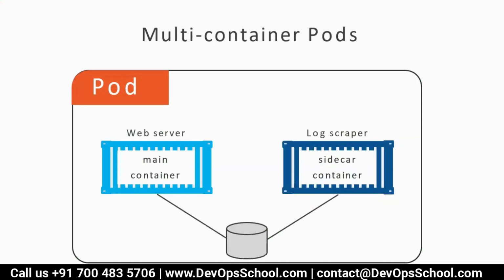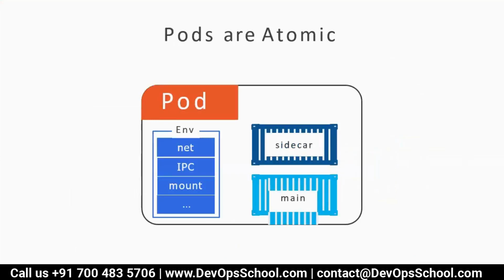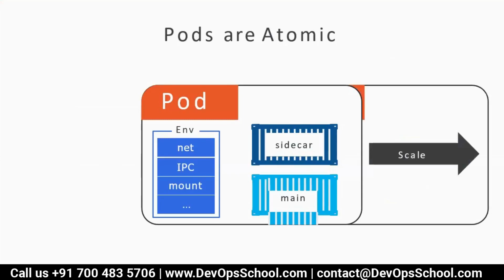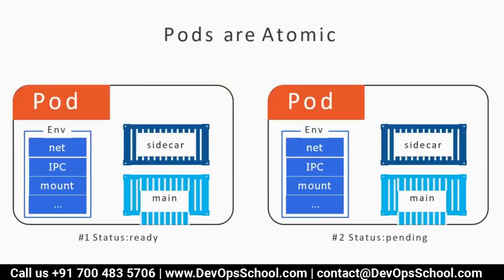The first container is your main container, the second or third is a sidecar container. Pods share all the environment and at the same time pods are atomic. Pods can be scaled one to many; one pod you can make into two pods also.